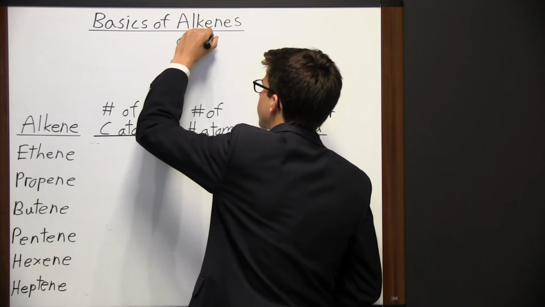Now, when it comes to odor, the lower members of the alcohol group are going to have a fruity smell. It's just a fact that the lower members of the alcohol group have a characteristic fruity smell.